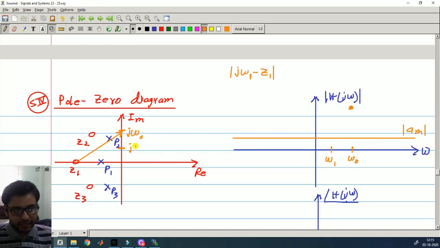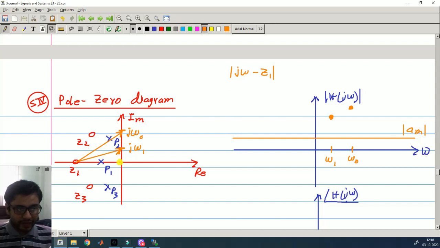Suppose this is j omega 1, then this vector is j omega 1 minus z1, and the length of this vector will be the mod of this quantity. So we will measure this length and accordingly mark that here. In this way, for different values of omega, we can get this quantity j omega minus z1 for any omega in general.